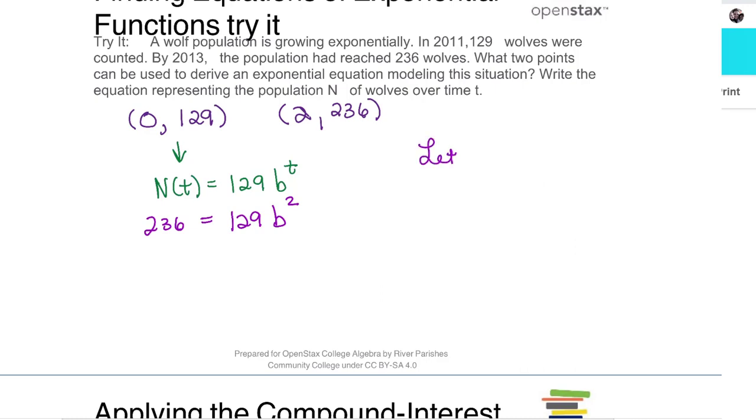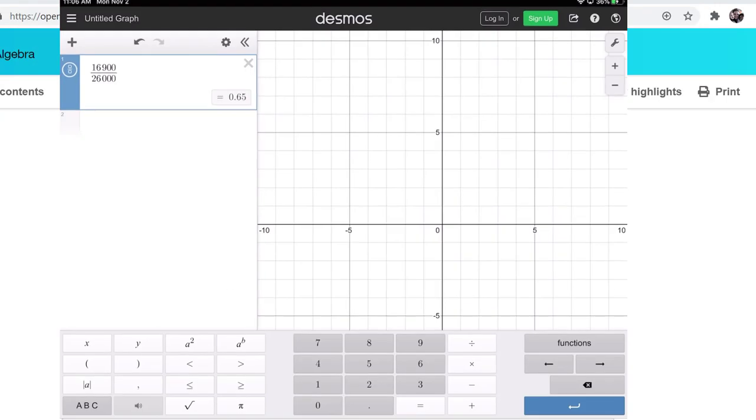Let t be years since 2011. Now we'll divide both sides by 129. So 236 divided by 129 is 1.829.